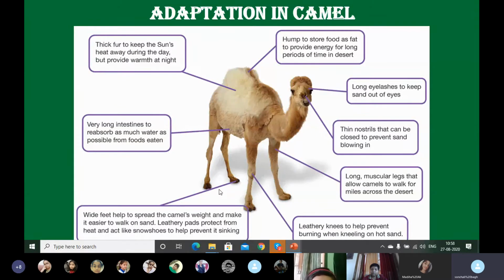The pad helps it on the ground and it doesn't sink in. As we have soles under our feet, they have a leathery pad. Understood? Any confusion?